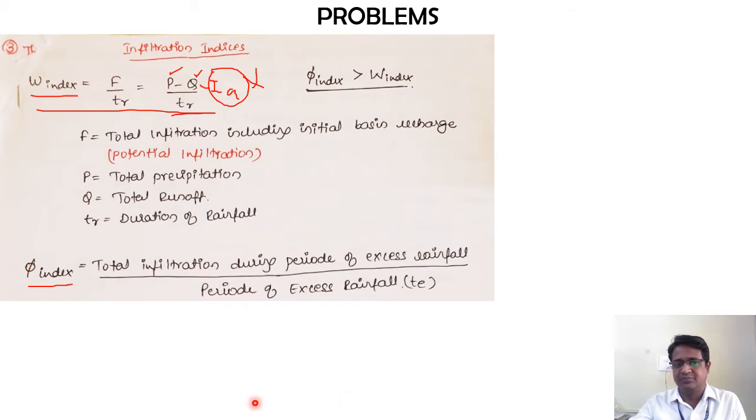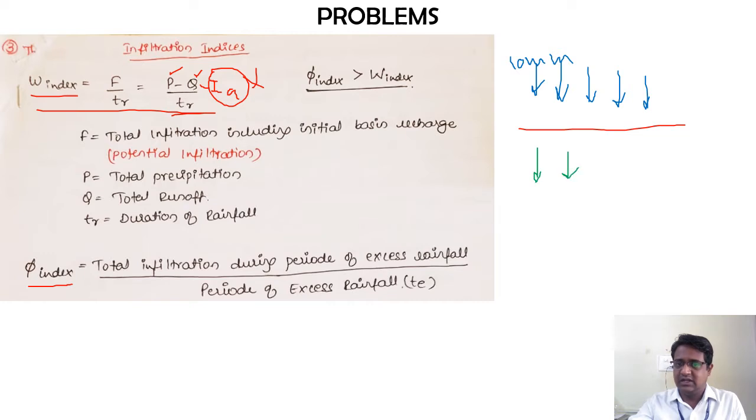Okay, so the excess rainfall period itself we are going to take as TE over here, and not TR, which is the total duration. So to explain with respect to TE and TR, let us say this is the land area, and this is the rainfall which is occurring. Imagine 10 millimeters of rainfall is occurring. Out of that, let us say some 3 millimeters may get infiltrated.